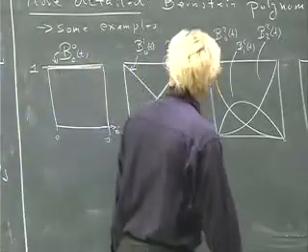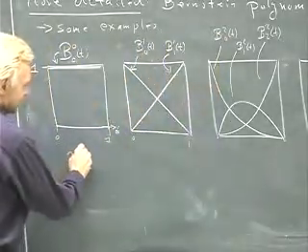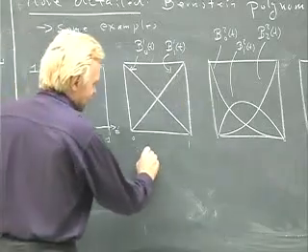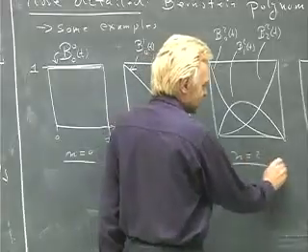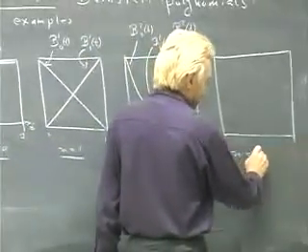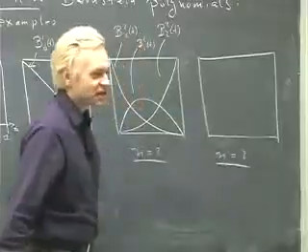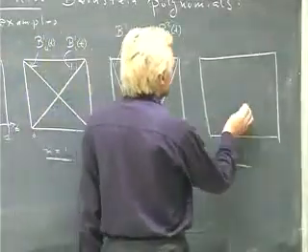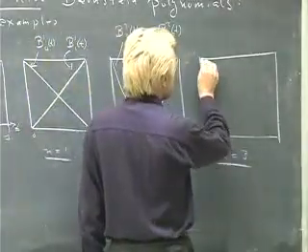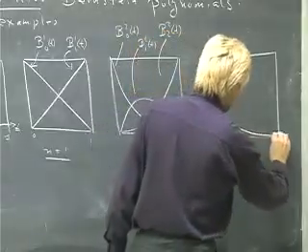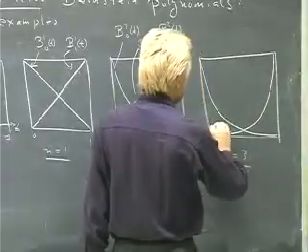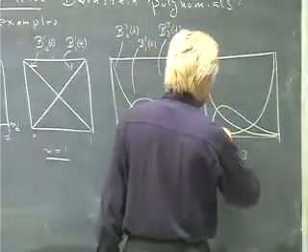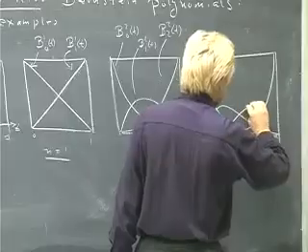This was n being 0. Here we have n being 1. Here we have n being 2, 2 meaning quadratic. And here now we have n being 3, 3 meaning cubic. So there we get 4 curves, and they look like this. Here's one, here's another one, and here's one.